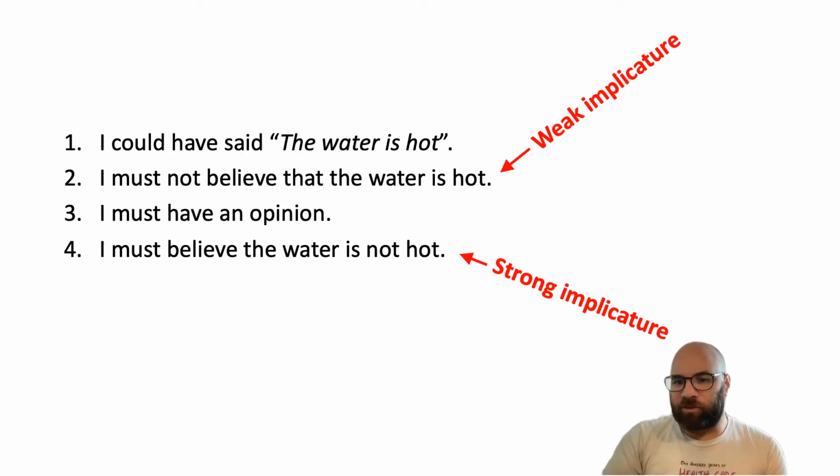That one's sometimes called a strong implicature, right? And that one only comes up if we go through step 3 and we assume that I have an opinion one way or the other. So this distinction between weak and strong implicatures and the distinction between not believing something versus believing not something, that distinction will be important as we analyze a few other cases in the next few modules.